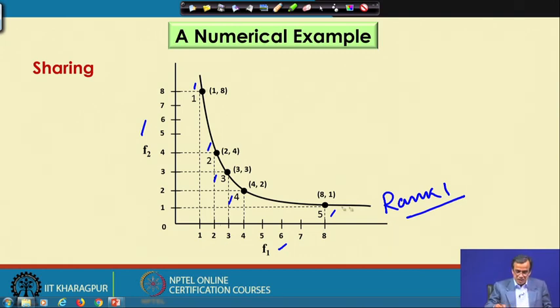Supposing that we have got only the 5 points here. Now, out of these 5 points, point 1 and point 5 are too far from the other points like 2, 3 and 4, and let us see how to implement the concept of this shared fitness, how to calculate that.